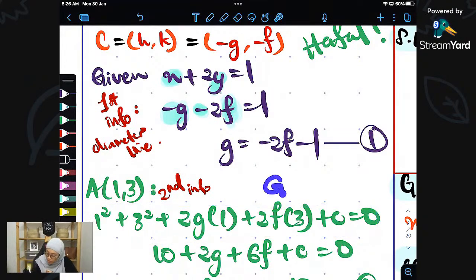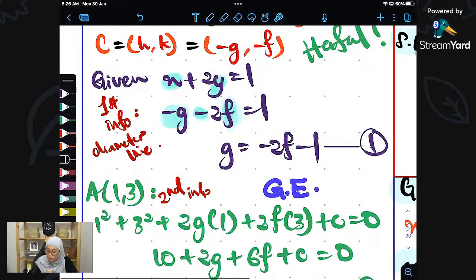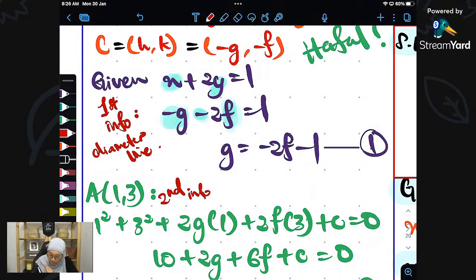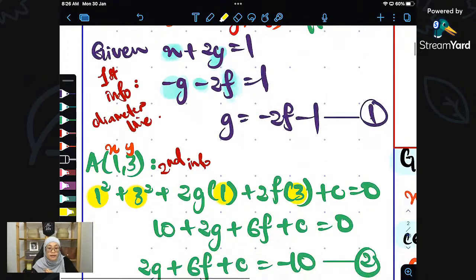This is my general equation, guys. Okay, I sub in the coordinate of x and y. This is coordinate x and y. Okay, this number 1, this number 3. It's the coordinate of x and y. All right, so far so good.